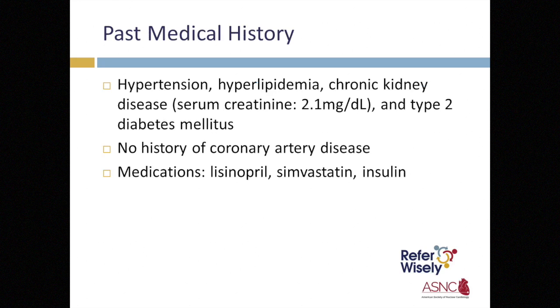His past medical history is significant for the presence of hypertension, hyperlipidemia, chronic kidney disease, and type 2 diabetes mellitus. However, he has no history of coronary artery disease. His current medications include lisinopril, simvastatin, and insulin.